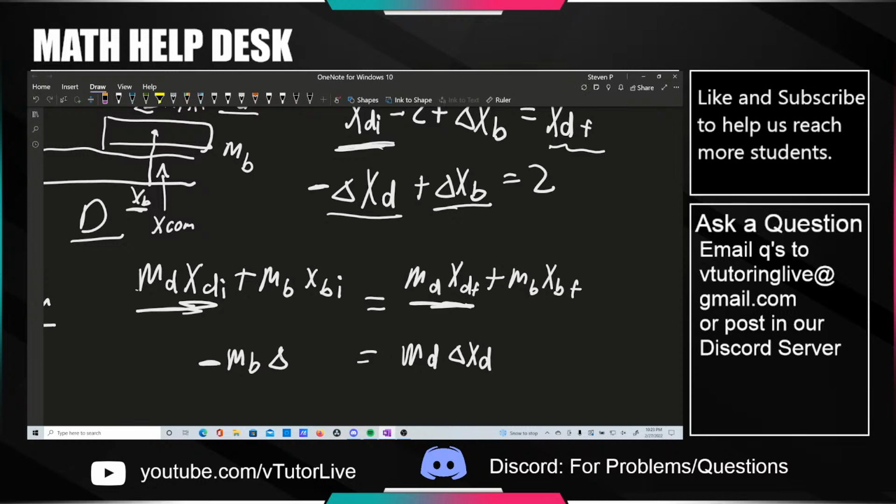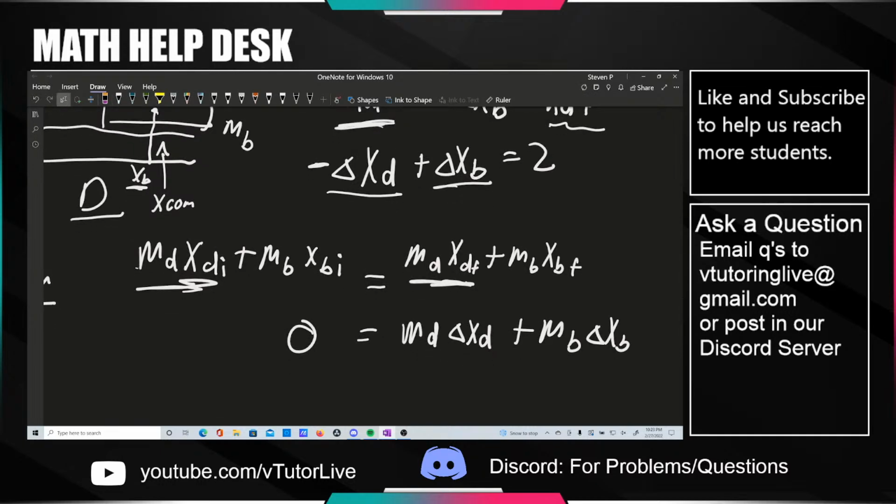Yeah, what I'm doing is basically just subtracting the left-hand side over to the right-hand side and getting mass of the boat times delta x of the boat is equal to 0. And then I'm just moving this over to the left-hand side.